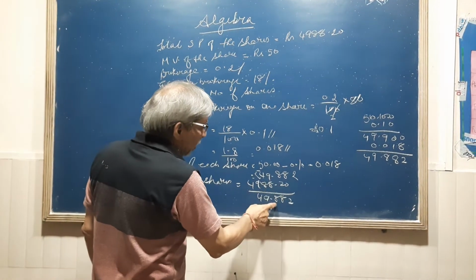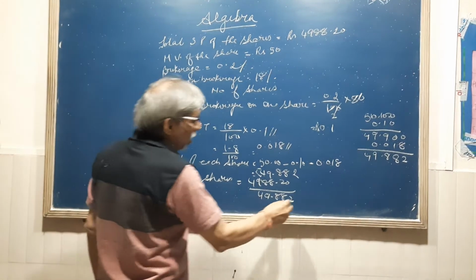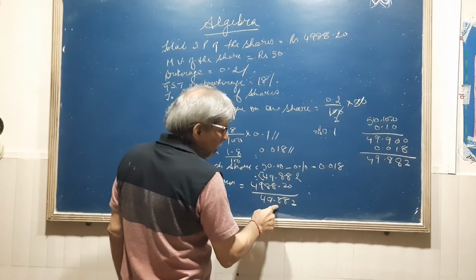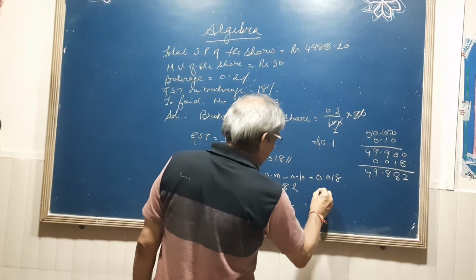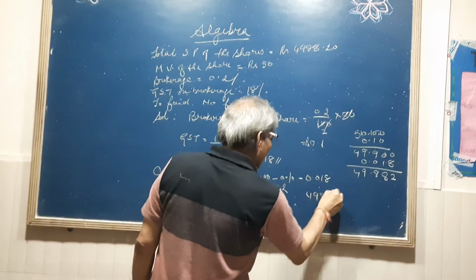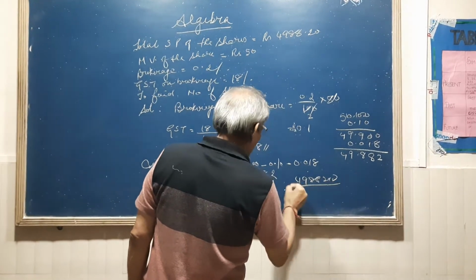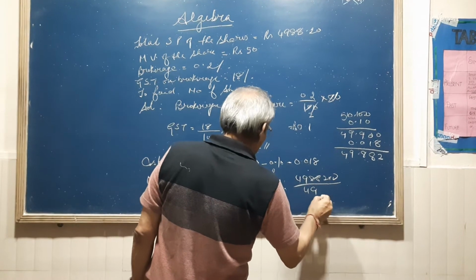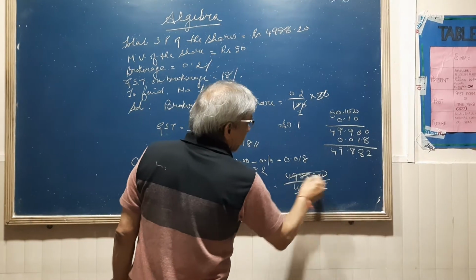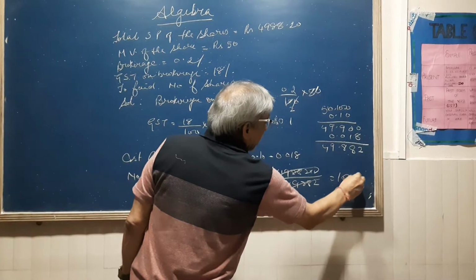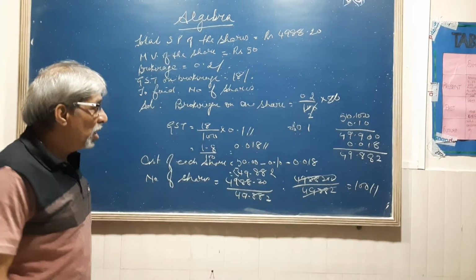Here the decimal has 2 digits, here 3 digits. So multiply by 1000 on both, so it becomes 4988200 upon 49882. This cancels, that is 100. So Mrs. Desai has sold 100 shares.